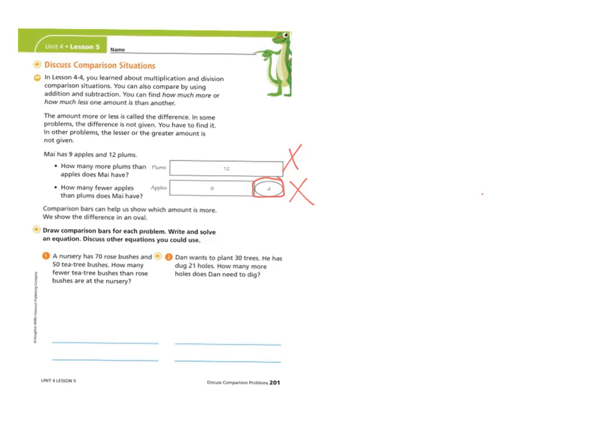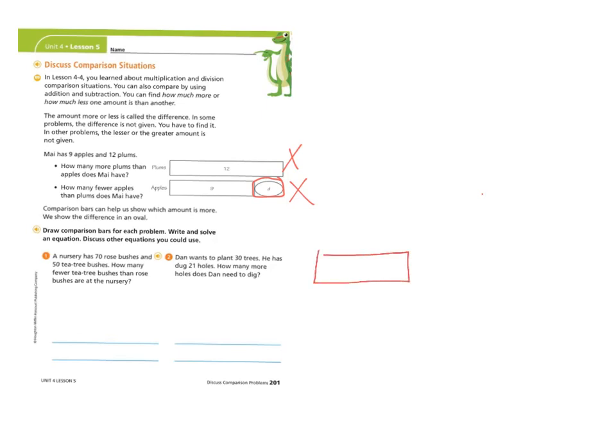Okay, so number 1. A nursery has 70 rose bushes and 50 tea tree bushes. How many fewer tea tree bushes than rose bushes are at the nursery? So we are going, oops, sorry, I thought I had my pen working. Let me get my pen working here. All right, is this working?